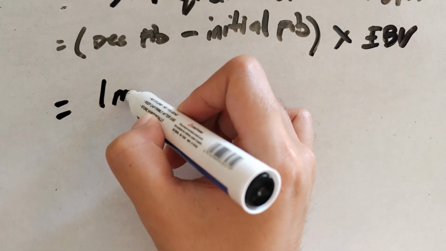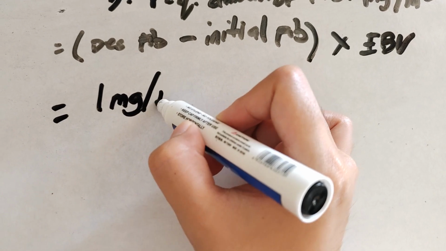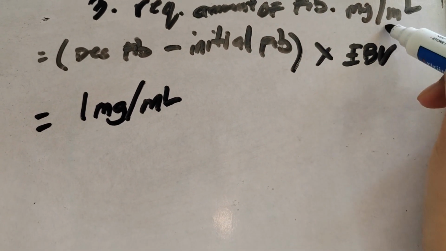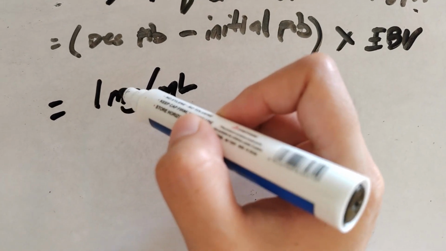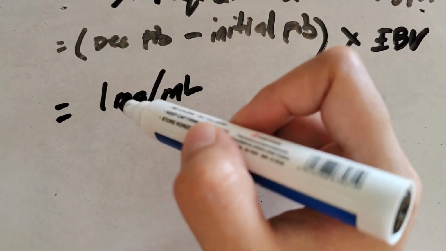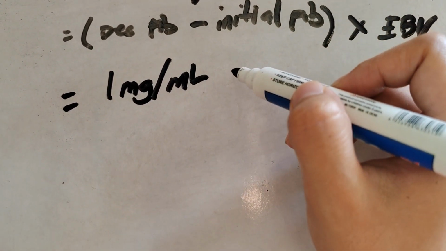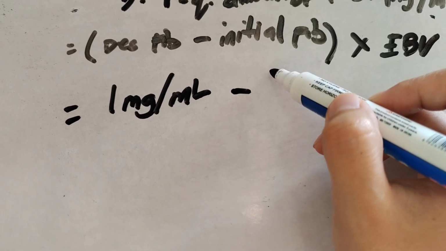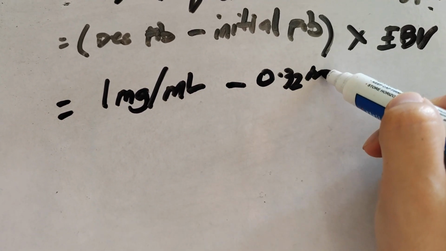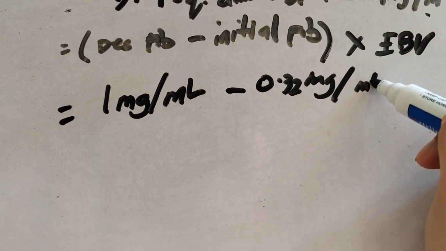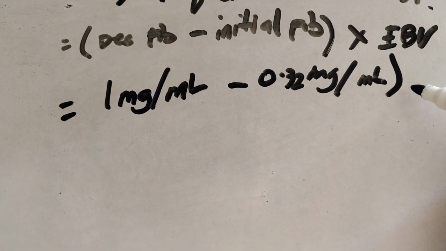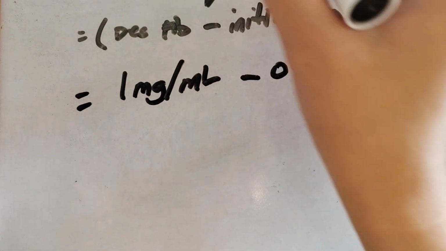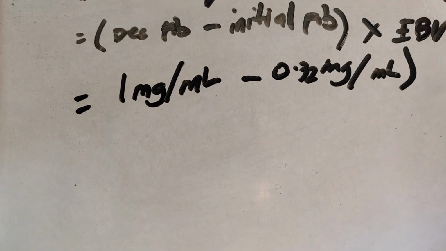Okay, what is our desired? We want it to be 1 milligram per ml. Okay, again, per ml. Ito yung value natin na kailangan ha, kaya kinonvert na natin siya from deciliter to ml. So, 1 milligram per ml minus, ano kailangan natin? Yung initial natin, which is 0.32 milligram per ml. Times your estimated blood volume.